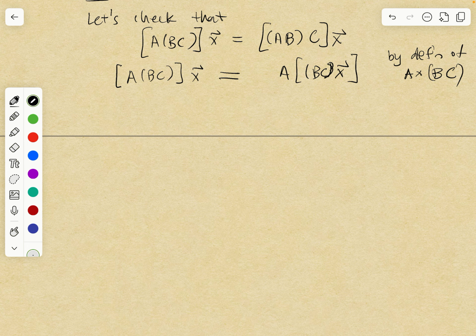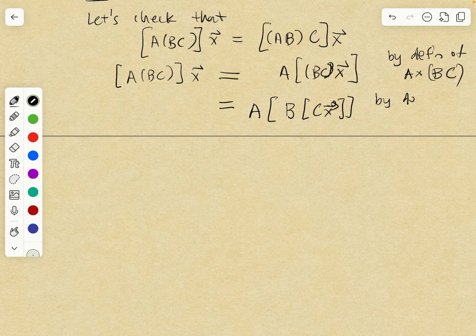Now, I have this BC times x, right? I have this matrix BC times x. That itself is a product of two matrices. So by the definition of the matrix product again, that's going to be the same as taking B and multiplying it by the vector C times x.